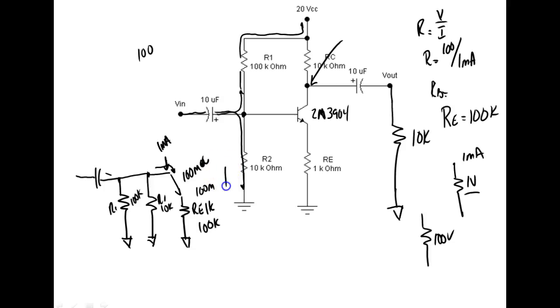What we would do is make this a current source over here, and then what my output sees is RC in parallel with RL. That's what the output sees. So it actually sees two different circuits: the input circuit, which determines the amount of current we put into the transistor, and the output circuit, which determines how much we get out.